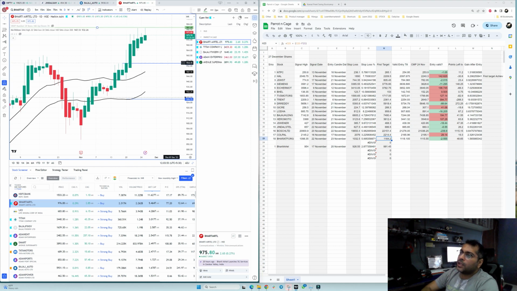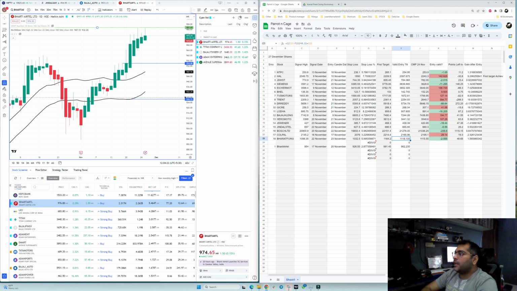Now during the doubt section, sir mentioned that a valid entry would be when the stock is 33.4% above the price. So I took it as 30% of the target price. If you check the formula, it is 0.3 over here.